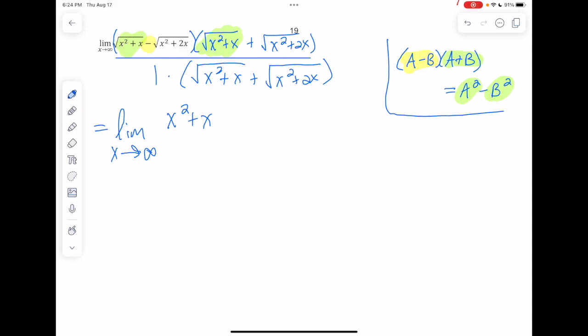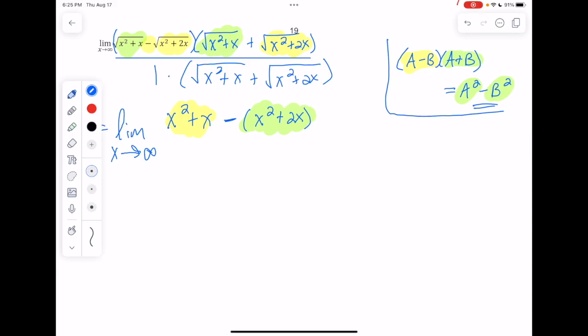Then from our formula we have a minus sign, and then we want b squared. The b portion is this piece and that piece, and when you square that, you get what's inside, so that would be x squared plus 2x. So that's my a squared right here, and my b squared right there, following from that formula.